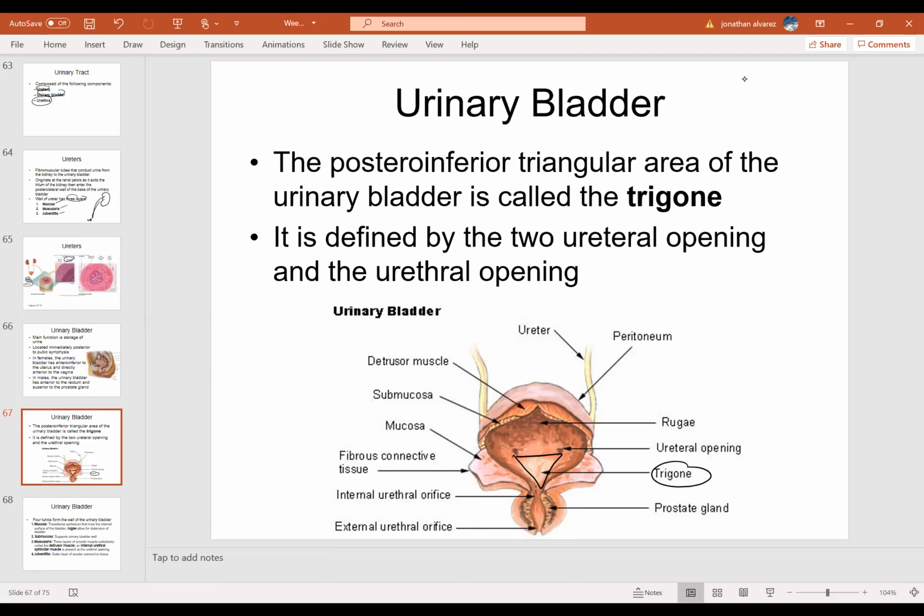Okay, it's a posterior inferior triangular area of the urinary bladder. Okay, there's the ureteral opening. Okay, so where the ureters come in. So the tube comes into that part of the bladder, and the urethral opening. Okay. So there's your trigone.